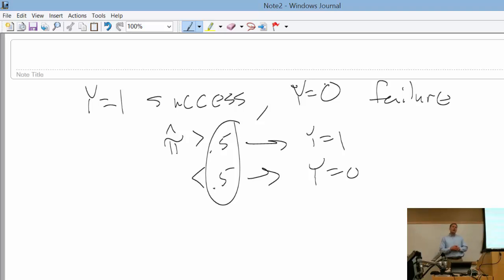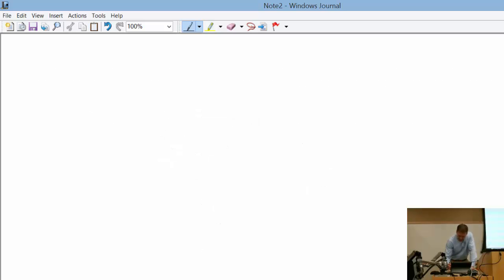Now, of course, we don't necessarily need to use 0.5 for that cutoff probability. And we looked at a tool called a ROC curve last time to help us make a judgment of what we should use for a cutoff probability. What the ROC curve looks like is as follows.